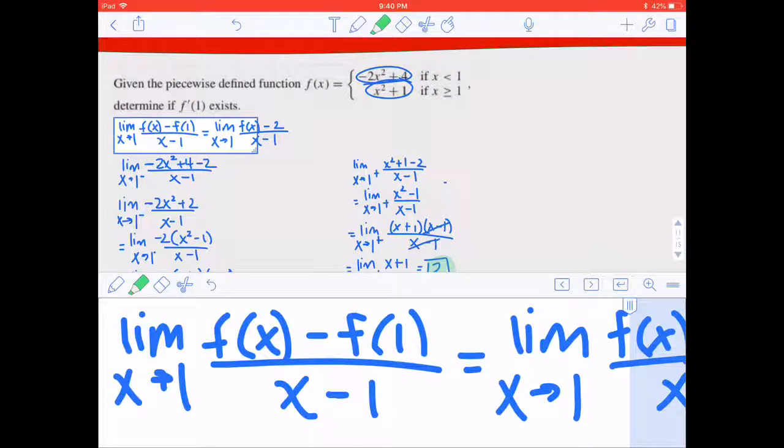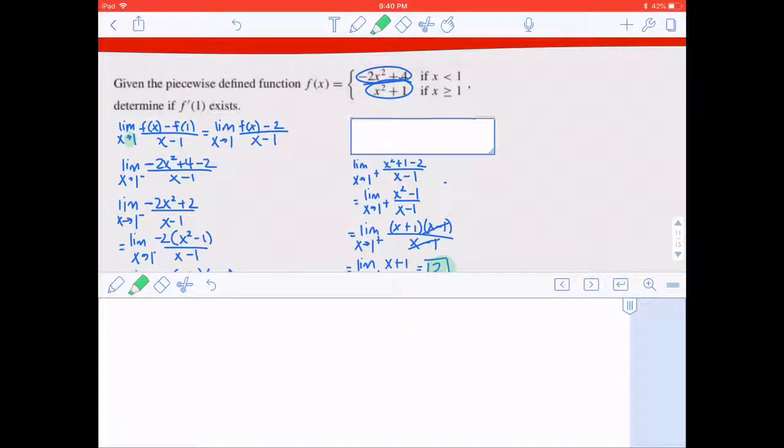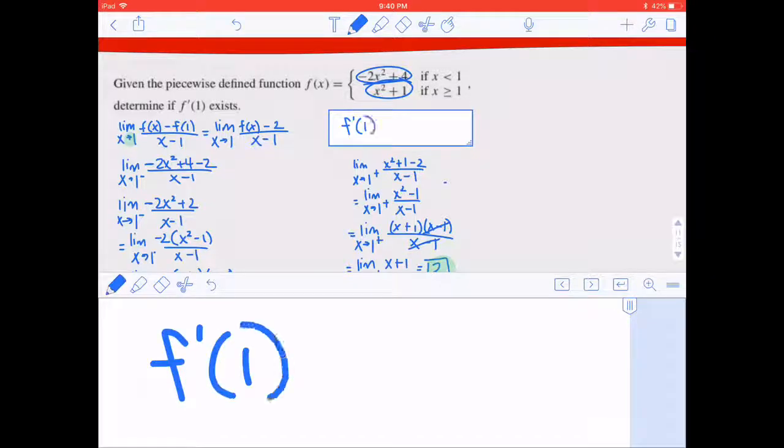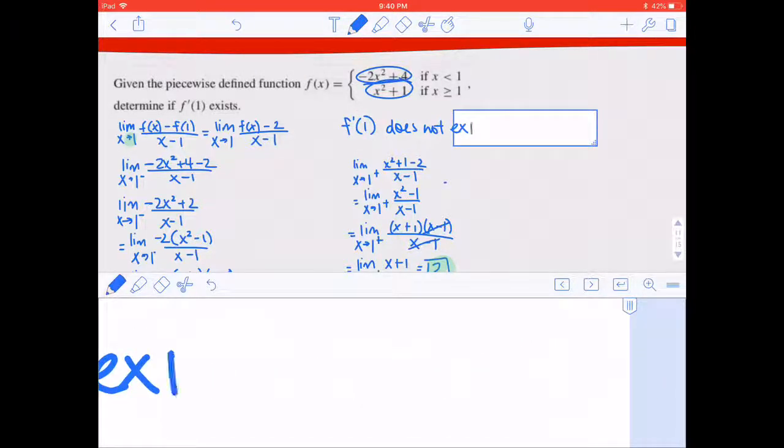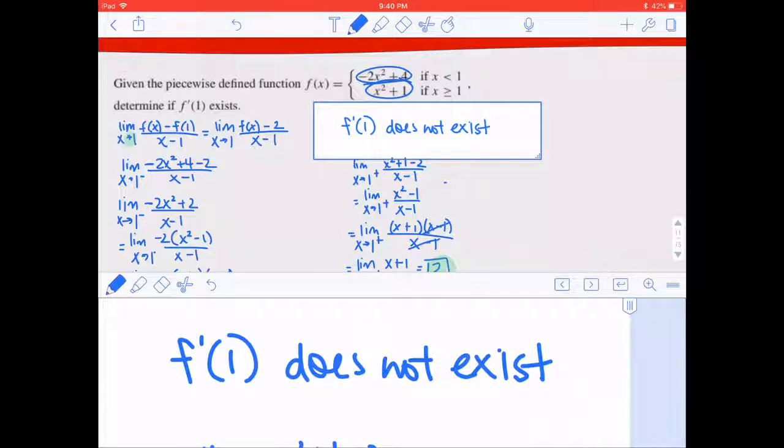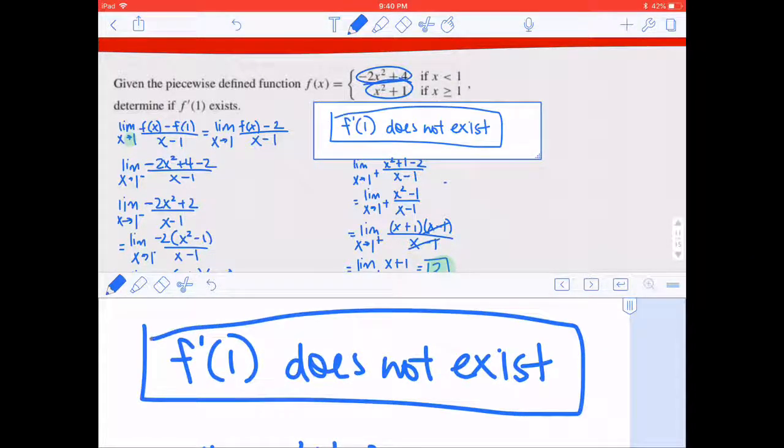Our general limit, I should say, which means that f prime of 1 does not exist because we could not find the limit for this function when x approaches 1.